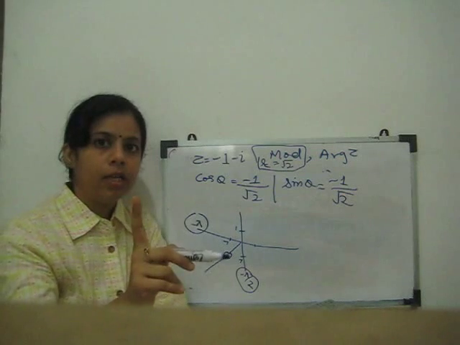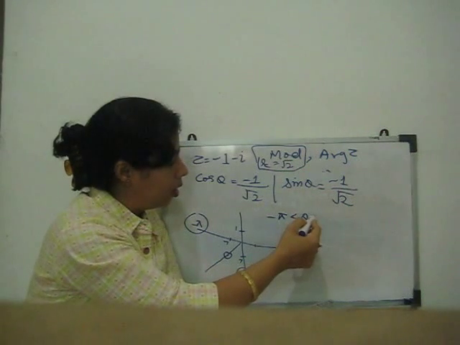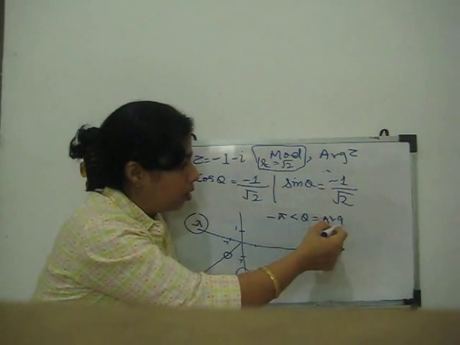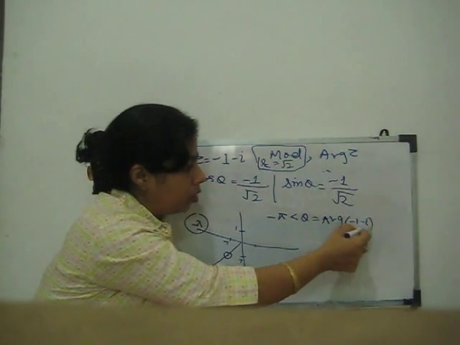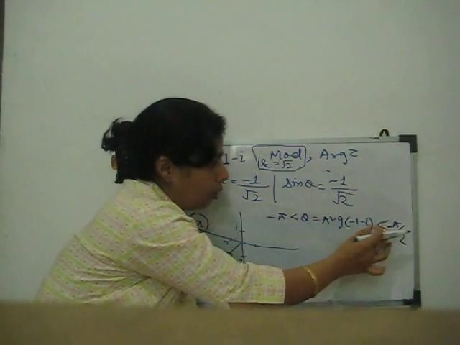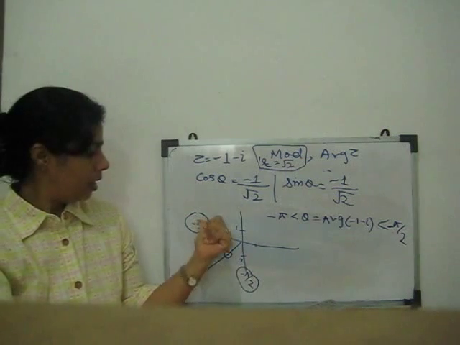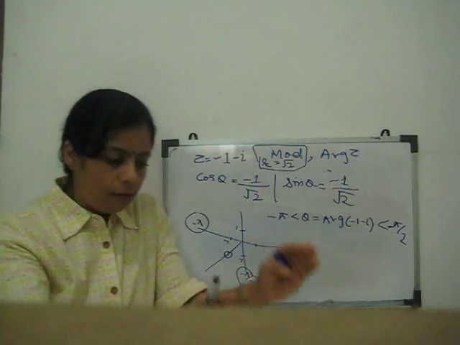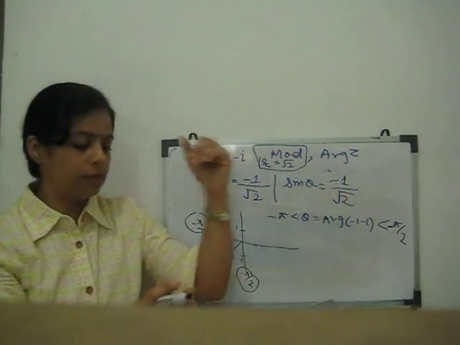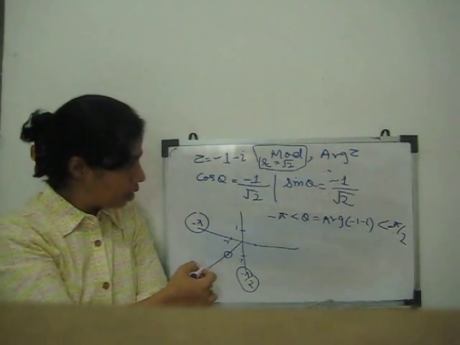Clear? So theta, or we can say the argument of -1 minus iota, lies between -pi and -pi/2. Now when we understand it lies between these, then what is its unique value? It is minus of pi... this is minus of pi/4.